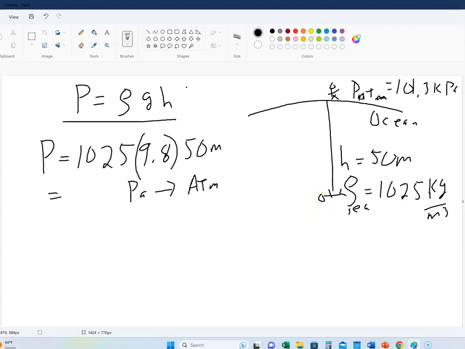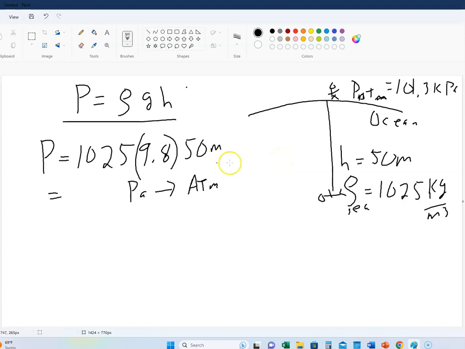You've probably experienced this at the bottom of a pool. If you get in a pool that's maybe 5 meters deep, and you swim down to the bottom, you really start to feel that pressure. So how much pressure is it going to be? First we'll calculate it in Pascal, and then we'll convert it to atmospheres. That's what we're going to do.